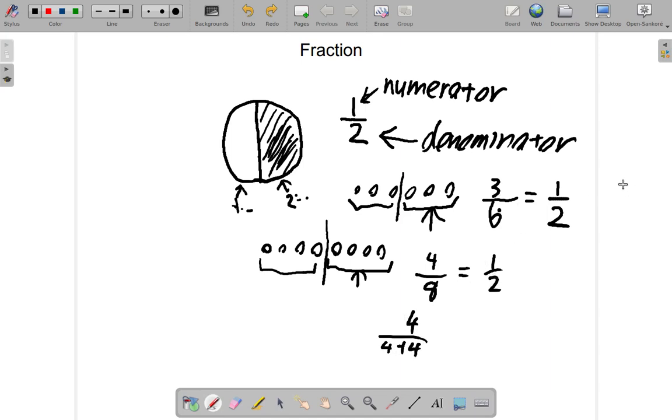Just like in this case, I could have 1 3 up here and then 2 3s down here to represent the 6. I have 1 3 out of 2 3s, so I have 1 out of 2.